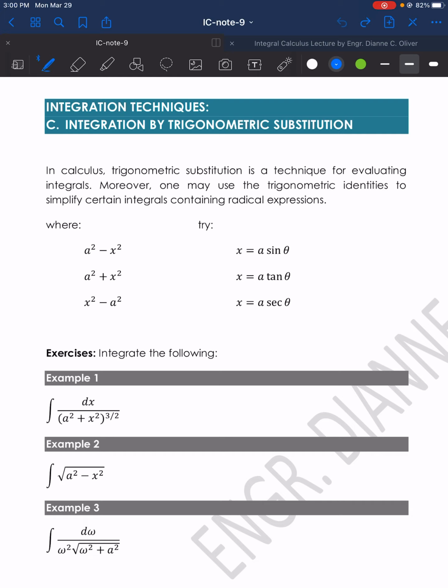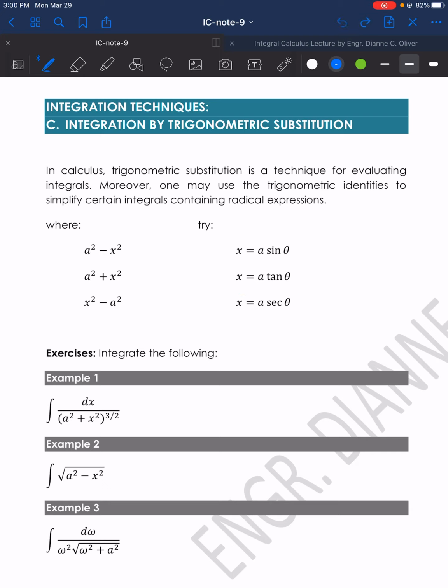If the integral has a squared plus x squared, we will try x is equal to a tangent theta. And when the integral contains x squared minus a squared, we will try x is equal to a secant theta.